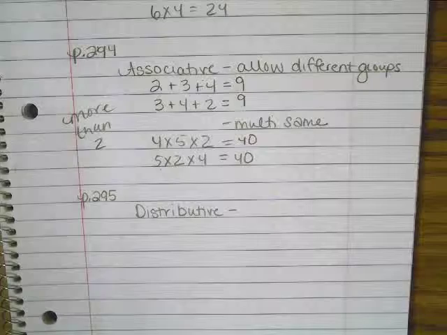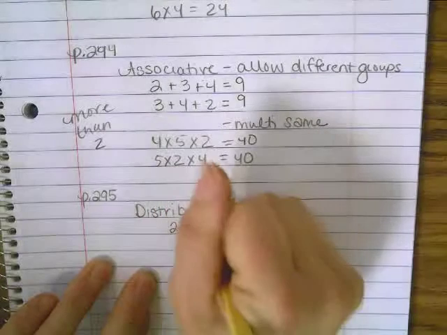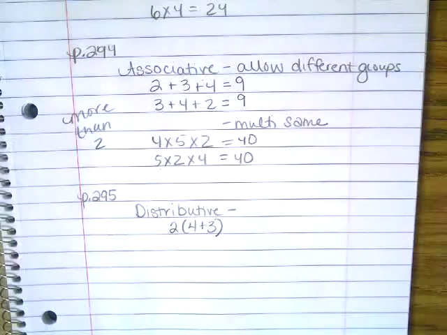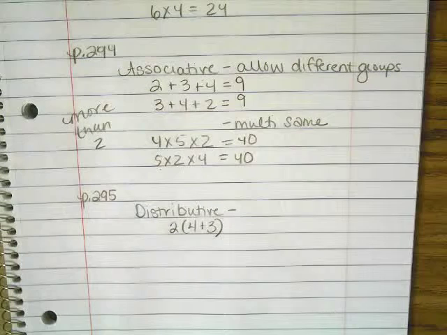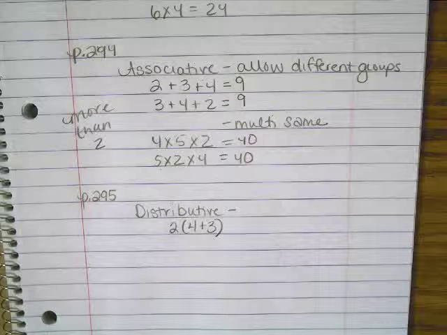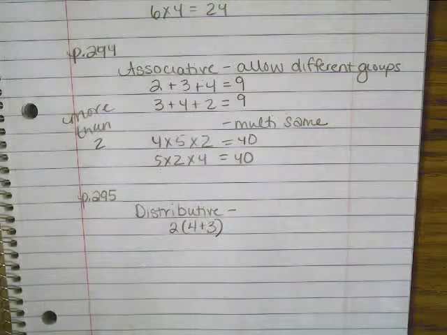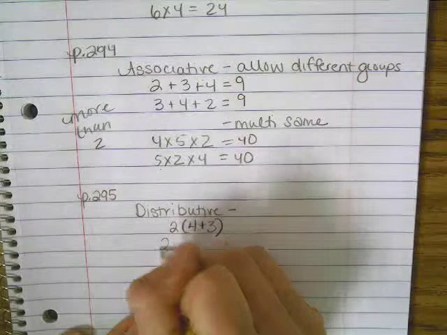So if you saw a math problem that looked like this, what does that mean to you? Evan. So we add before we multiply, right? Is this the same problem?